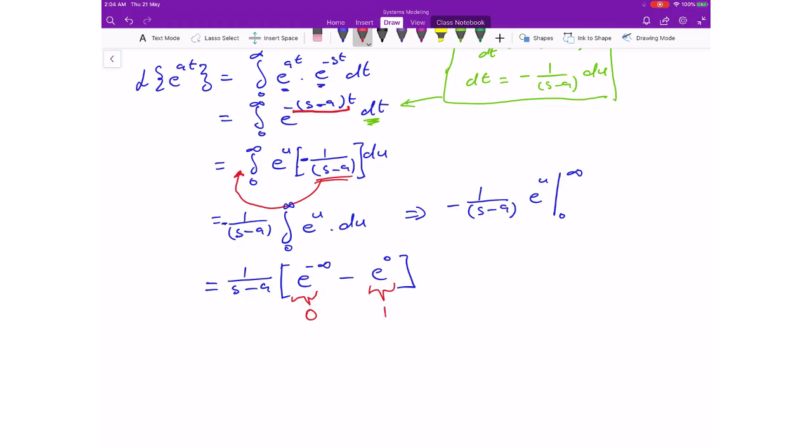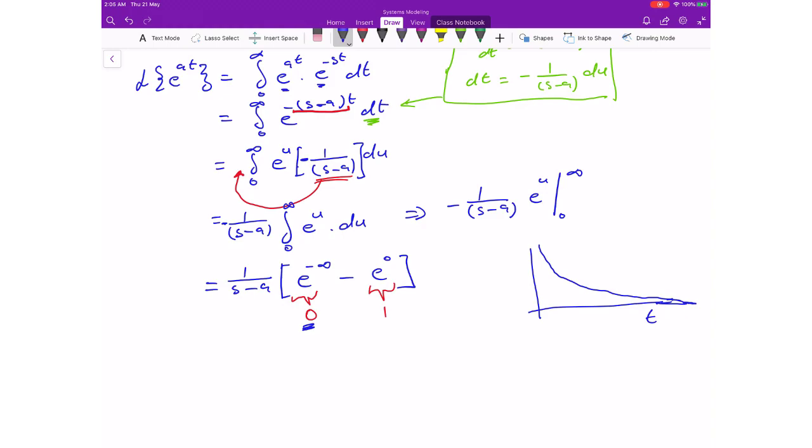Remember, e to the minus something is decaying. As time increases, this decay is going to become very, very small, and this is where it goes to 0. And e to the 0 is equal to 1.